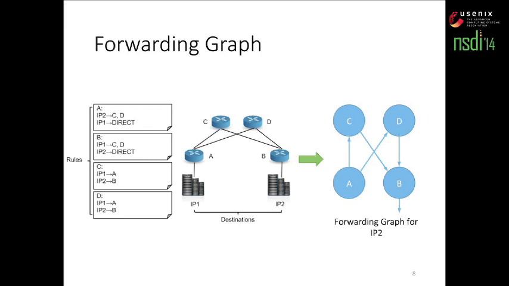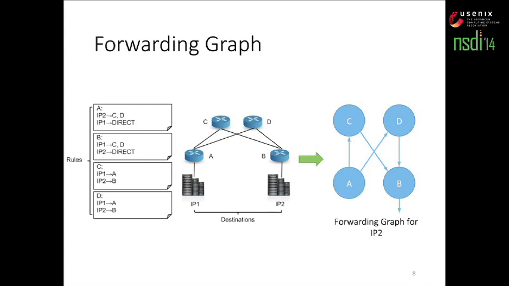Before I talk about how to tackle the constant rule changes, let me introduce a very important concept called the forwarding graph, which will be used throughout this talk. A forwarding graph describes how the network treats the class of packets destined to a specific destination.